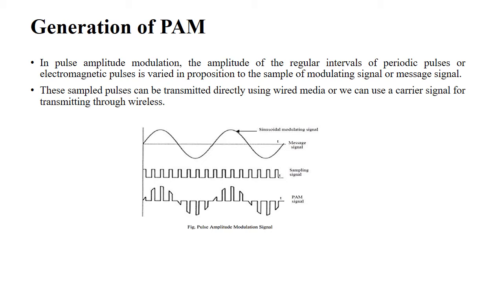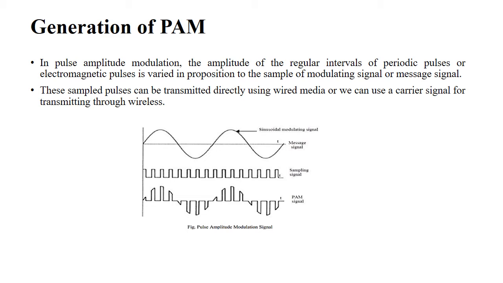Then we see the generation of PAM. In pulse amplitude modulation, the amplitude of the regular intervals of the periodic pulses or electromagnetic pulses is varied in proportion to the sample of the modulating signal or message signal.